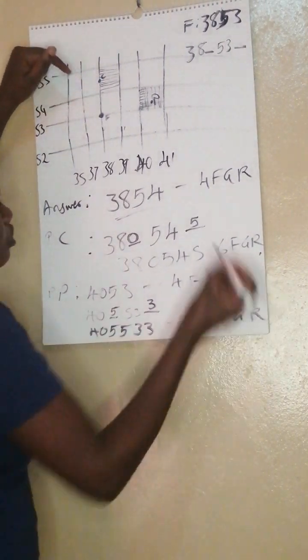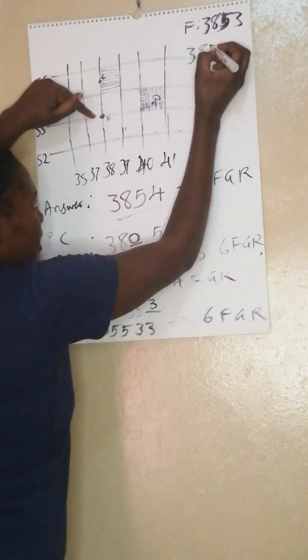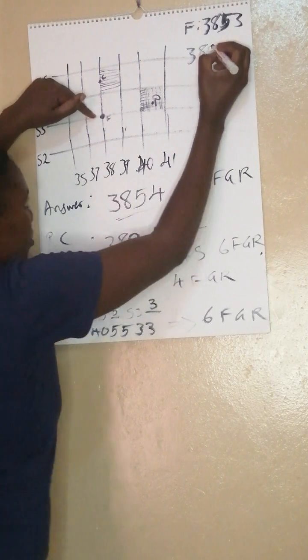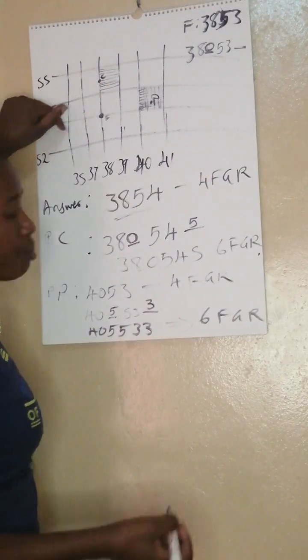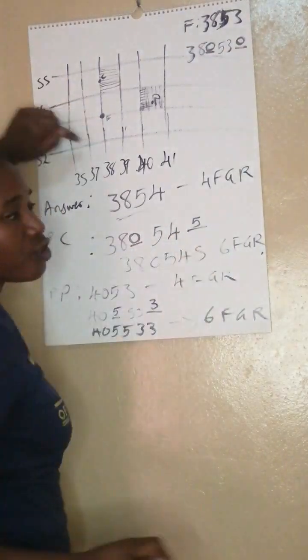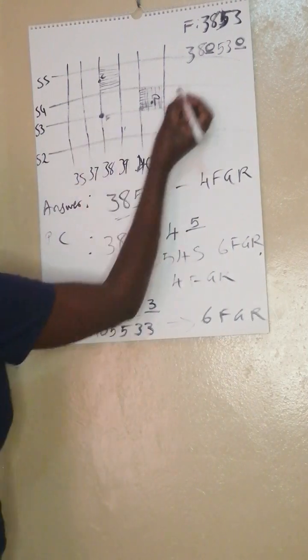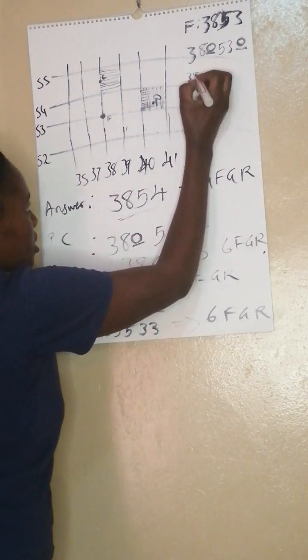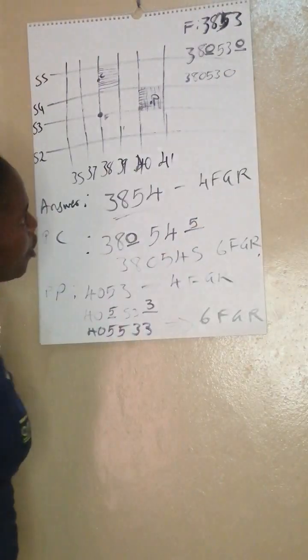Even here the point is on the line, the vertical line, giving us 0. Even for the horizontal line, the point is on the line, so even here we'll have a 0. So the 6-figure grid reference for point F is 380530.